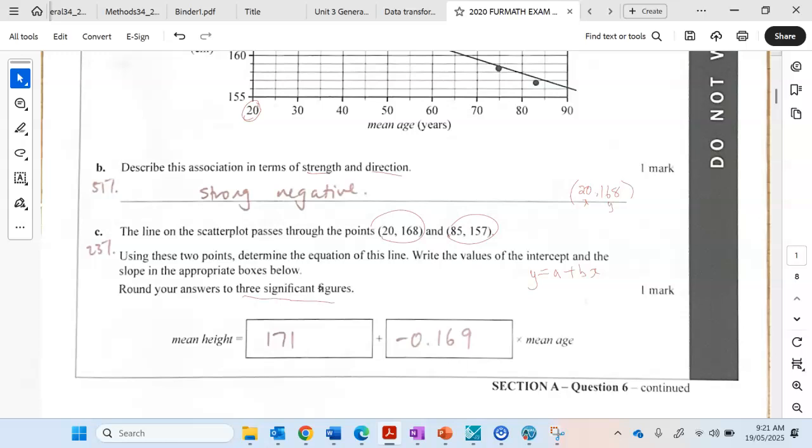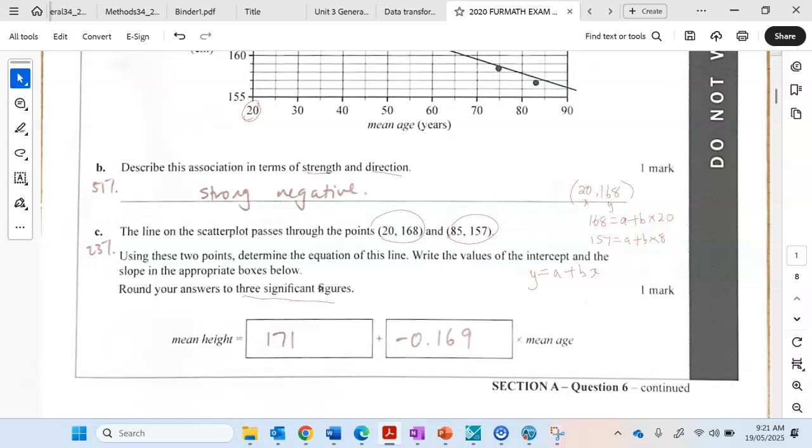So if I substitute them into the equation, I get 168 equals a plus b times 20. And then I can do the same thing for the second equation, which is 157 equals a plus b times 85.